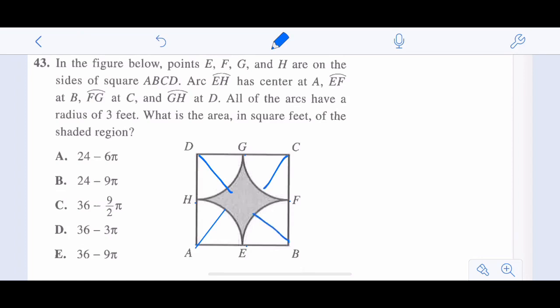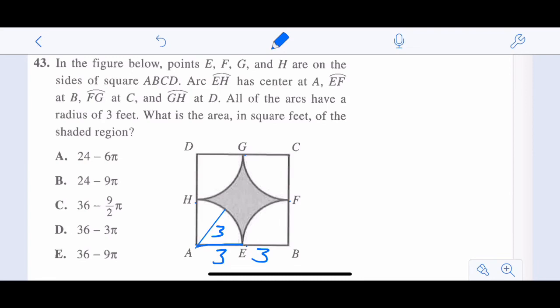They're all quarter circles. What is the area in square feet of the shaded region? All the arcs have a radius of 3. So that's 3, which means from here to here is also 3, so our entire side is 6.